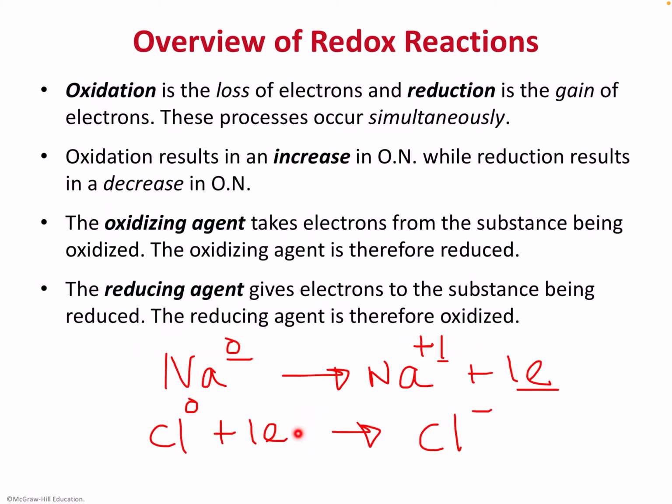Now who is going to be the reducing agent here? Reducing agent gives electrons to the substance being reduced. So chlorine is going to be reduced. Somebody has to give an electron for chlorine to reduce, meaning to gain an electron. Who's giving that electron? Sodium. So sodium is the reducing agent. Remember the two terms.